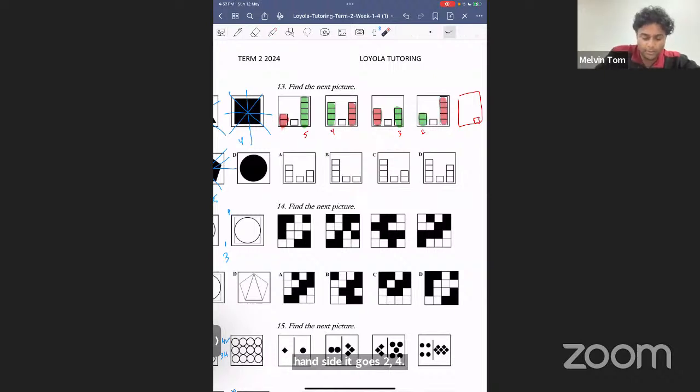So it goes +2, -1. +2 should be -1. So the answer should be 1, 2, 3, 4, 4, 1, 1. And the answer is B. For 13, B.